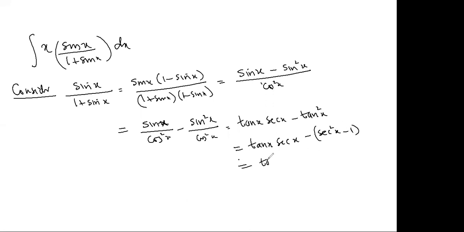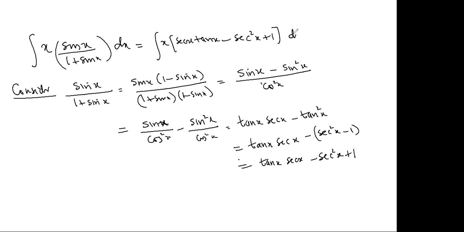So you will replace this as tan x sec x minus sec square x plus 1. So this question you will modify as integral of sec x tan x minus sec square x plus 1. Okay. Now you are in a position to integrate.